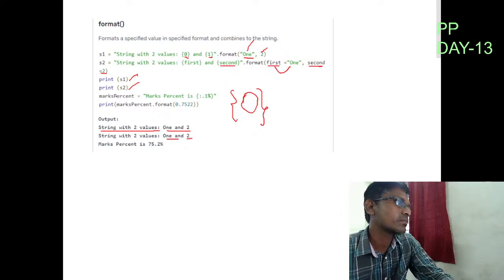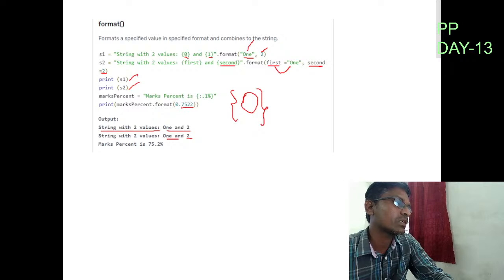So next one is marks percentage, and followed by I want to specify the colon and followed by dot 1 percentile. That means after the fraction, after the floating value, it will take only the first position.